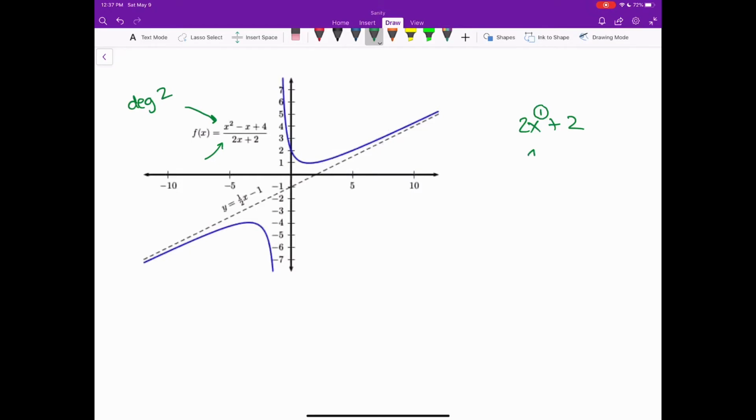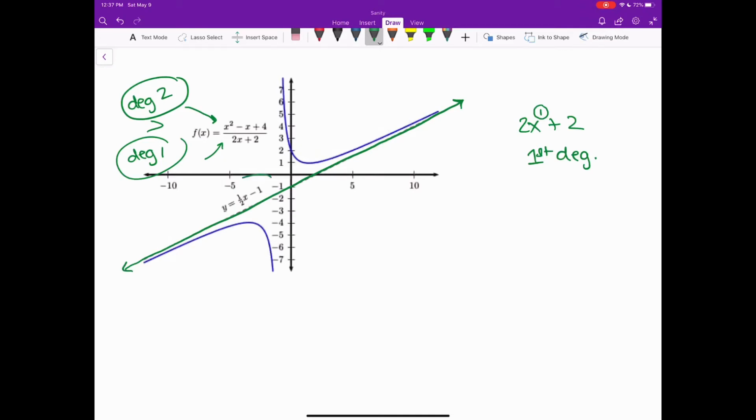So we can just say that it is a first degree polynomial, all right? So this bottom would have a degree of 1, and since the degree of the numerator is greater than the degree in the denominator, this would have a slant asymptote, and we do see this slant asymptote right here. Again, a line that our function approaches but never crosses.